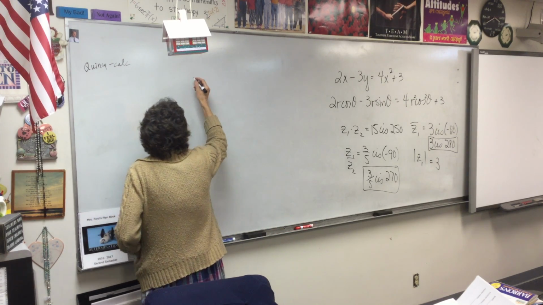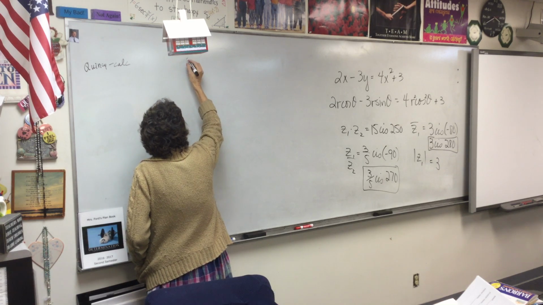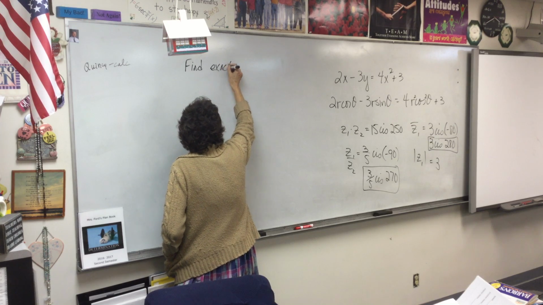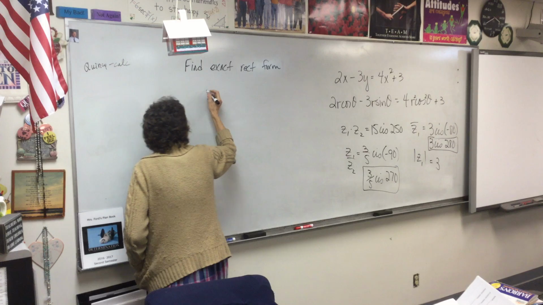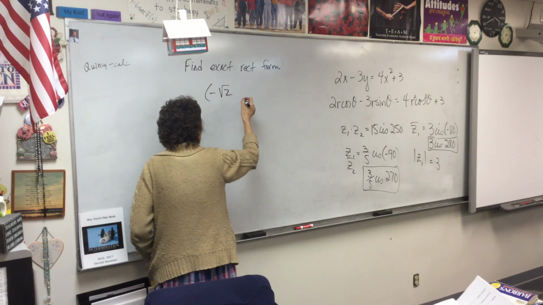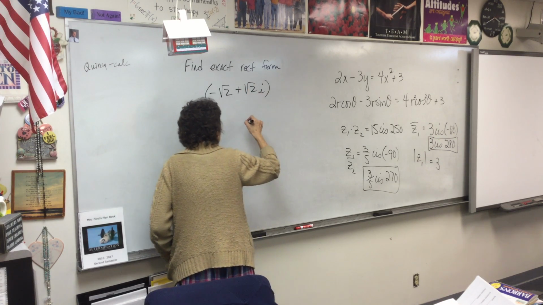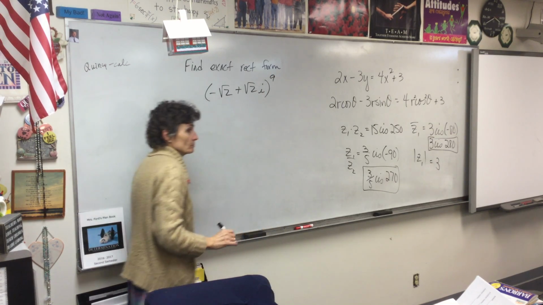That's huge. So fun. Okay, so let's suppose we want to find the exact rectangular form of negative root 2 plus root 2i to the 9th power.